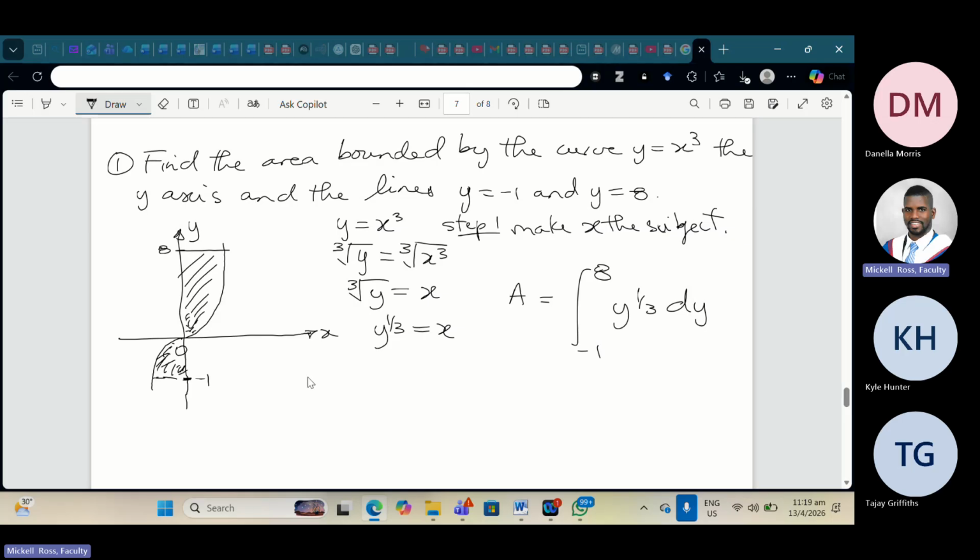We're going to do the top portion and then the bottom portion as well. So it's going to be the integral from 0 to 8, which is the top part right here, of y to the 1/3 dy, plus the integral from -1 to 0 of y to the 1/3 dy. The bottom part is from -1 up to 0, and the top part is from 0 up to 8. From -1 up to 0 gives you the area of the bottom part, and 0 up to 8 gives you the area of the top part.